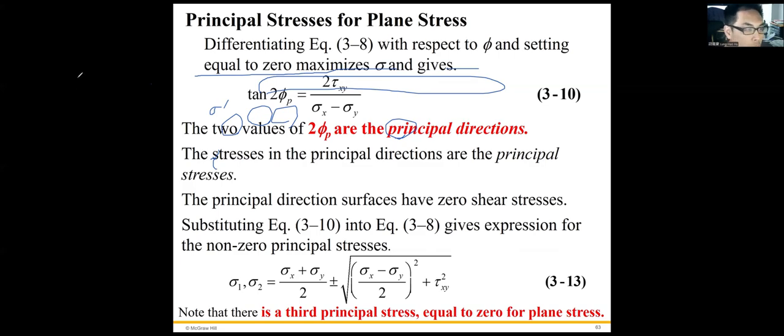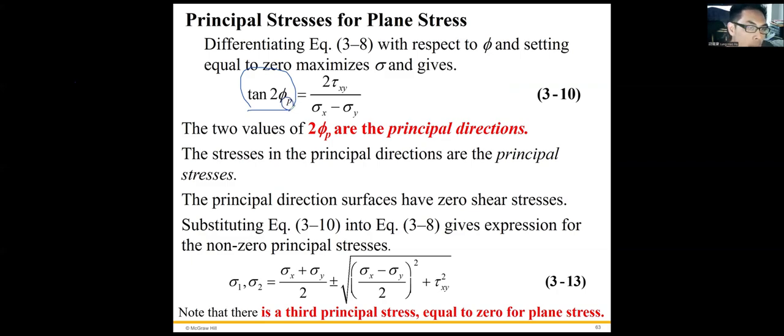Then we can use the transformation equation to figure out this theta p, where p means principal stress. That means when the point on the Mohr circle is rotated, theta p reaches the principal stresses.